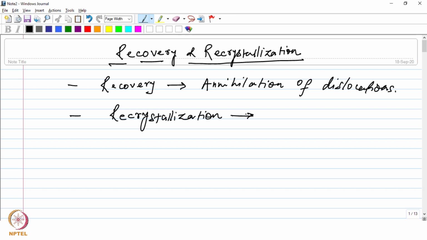So this is when the restoration of the material will take place, and the straining which was given to the material during cold working will be relieved. Okay. And we have also learned that for recrystallization to occur, you need a minimum amount of deformation.